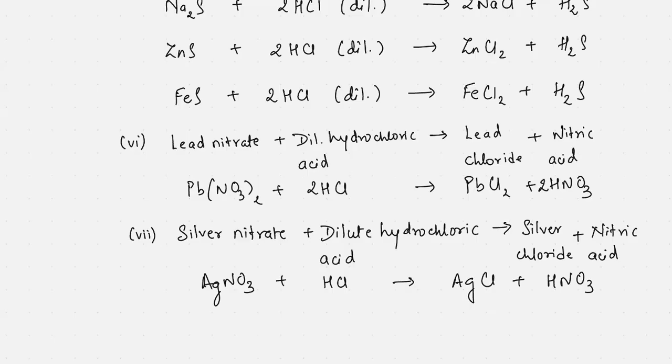When dilute hydrochloric acid reacts with silver nitrate, we get silver chloride and nitric acid.